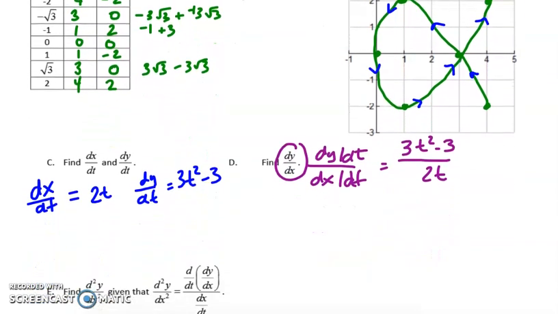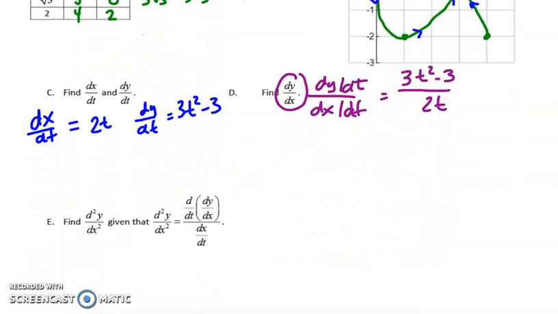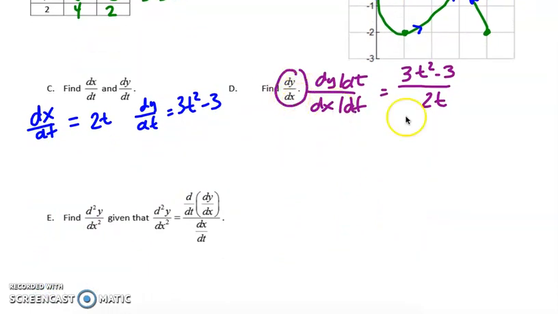So now they're asking us to find the second derivative. So dy dx is written in terms of t up here. This formula, we just need you to memorize. If you go on Khan Academy or just Google it, you can find a derivation of why the second derivative with parametrics is like this, and it is a chain rule situation, but this is one of the very few things all year we just wave our hands at and say, please just know it, and I don't want to show you where it's coming from.